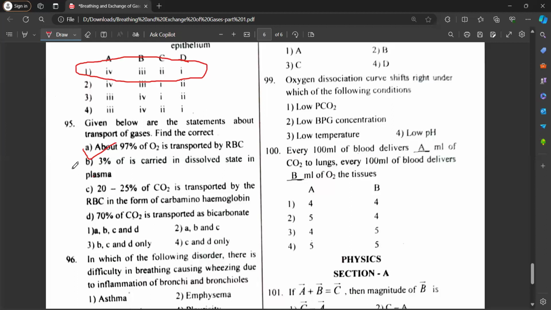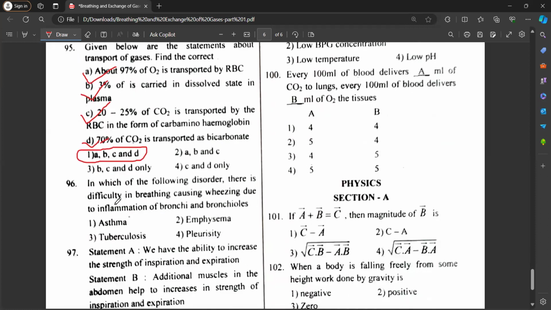Yes, correct. 20 to 25% of carbon dioxide is transported by RBC in the form of carbamino hemoglobin. Yes, correct. 70% of carbon dioxide is transported as bicarbonates, right? So it is also correct. Therefore, A, B, C, and D are correct.